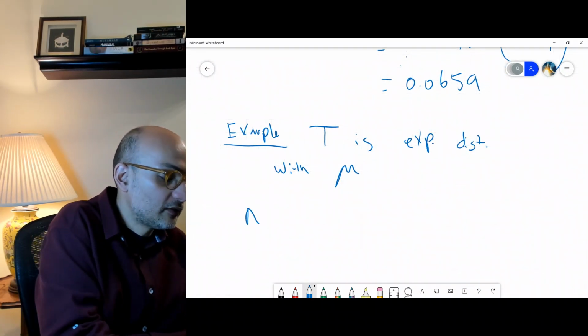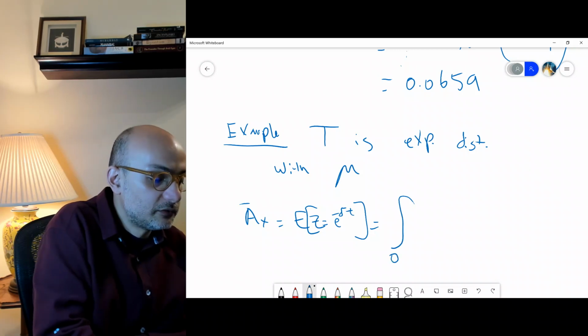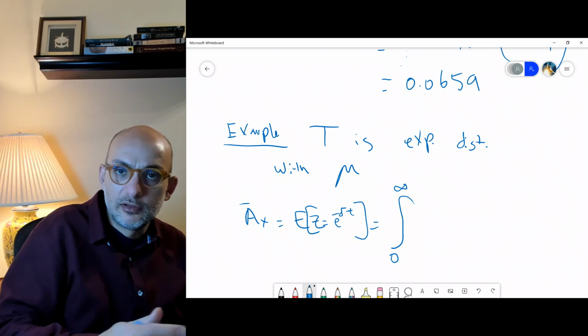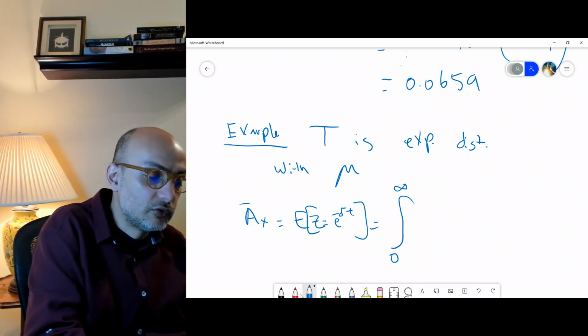Now A bar x, remember, is the expected value of Z, which is e to the minus delta t. So how do we calculate the expected value? From 0 to infinity. The exponential distribution is not bounded, 0 to infinity, right? And this is whole life, so from 0 to whole life.